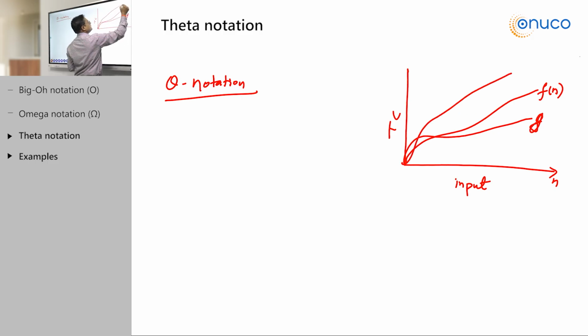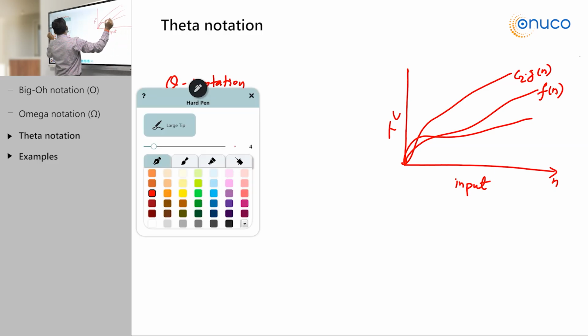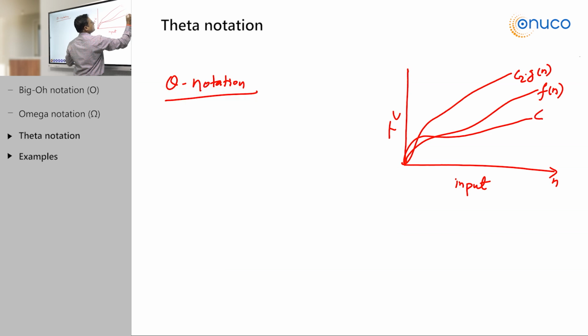Say one function over here is c2 g of n, and another is c1 g of n. So we can see that when you are talking about the upper part, it looks like big O notation: f of n is less than c2 g of n. In the bottom part, we can see that f of n has a higher order of growth, so it is big omega notation.